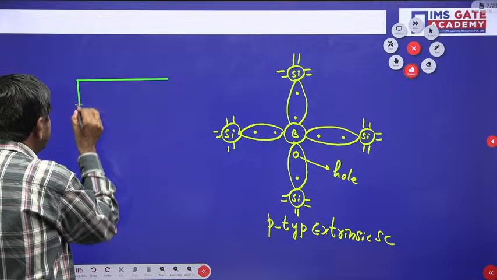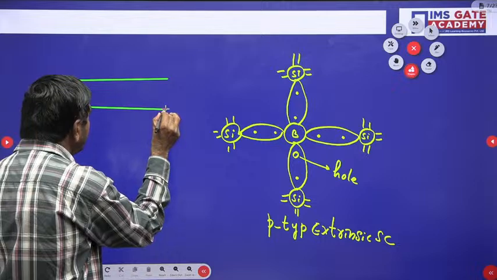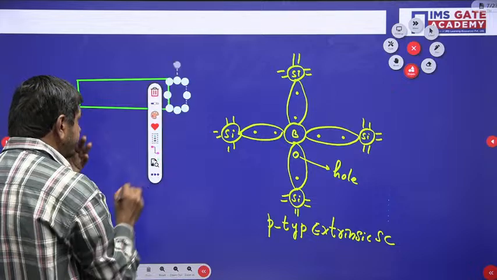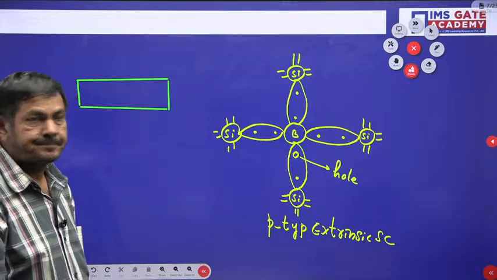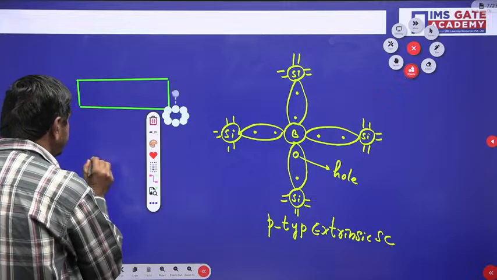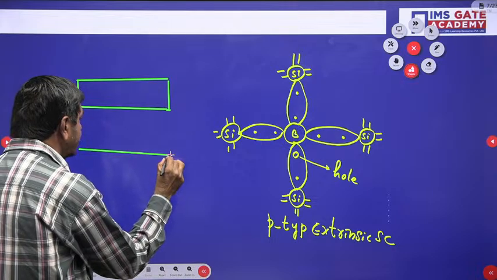This is the conduction band, you know very well. That is the conduction band. And the valence band is going to exist here. There is the valence band.